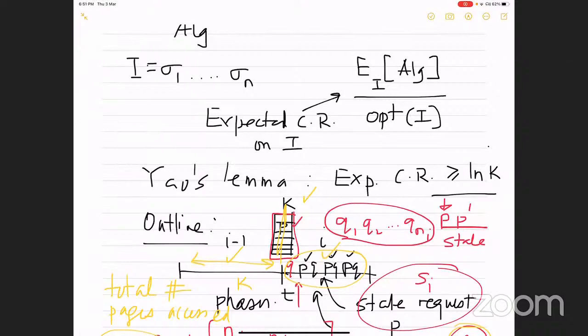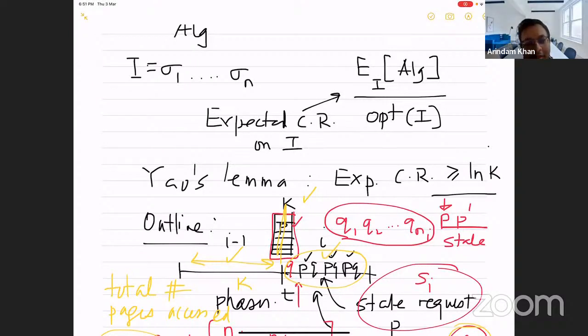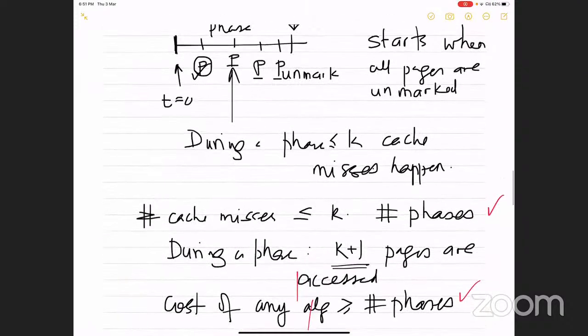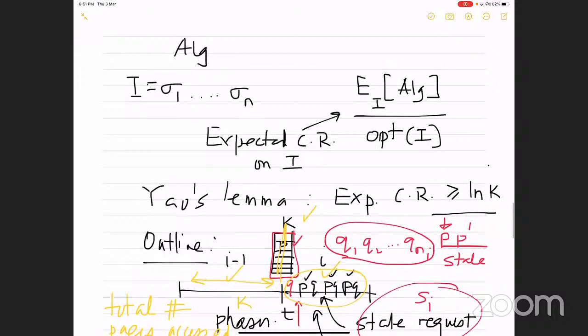Maybe deterministic will also have hardness of log k, but what is the input which shows log k hardness? Take some k plus 1 pages, and each time you show me a randomly chosen page. Okay, and you can show that any deterministic algorithm will have at least log k competitive ratio here.